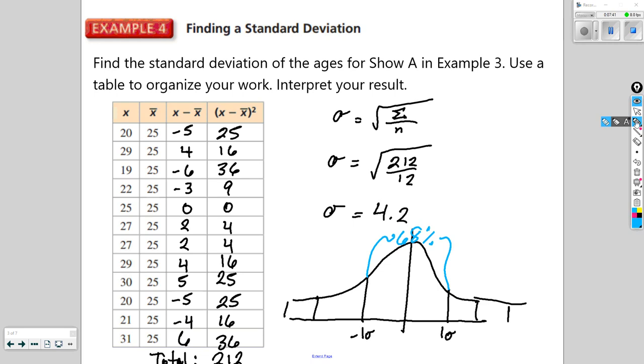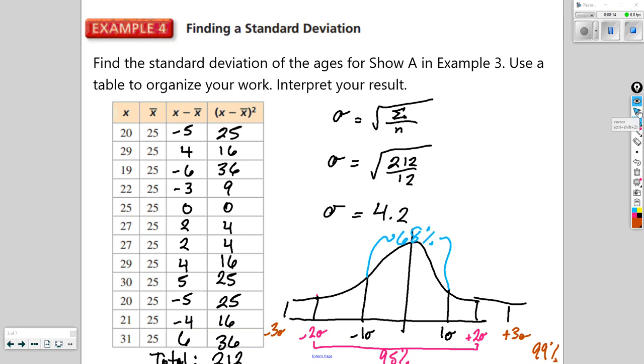Within two standard deviations of the mean, so I'm just going to write minus 2, plus 2, right here would be about 95% of the data set. And then finally, within 3 standard deviations of the mean should lie about 99% of the data set.